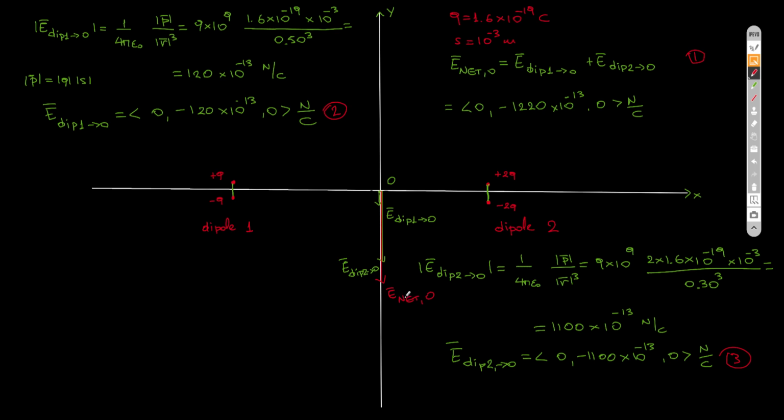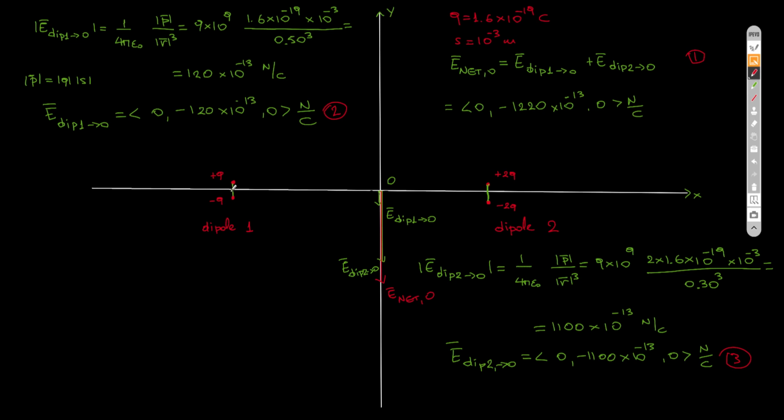Again, same idea. When you work on this, pay attention to where your observation location is, whether it is on the dipole axis or perpendicular to the dipole axis. For both of these dipoles, the origin was perpendicular to the dipole axis, and that is why I used this expression. And then make sure that you are comfortable finding the direction of the electric field at the observation location from the dipole.